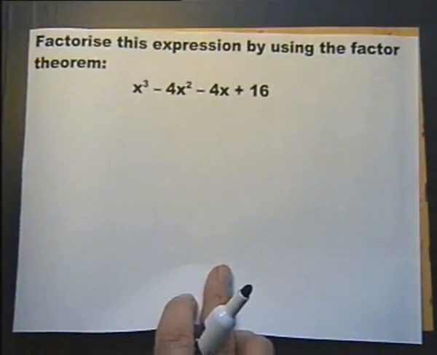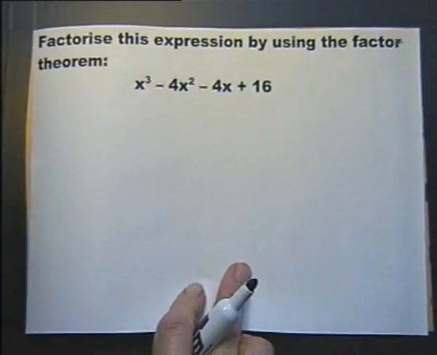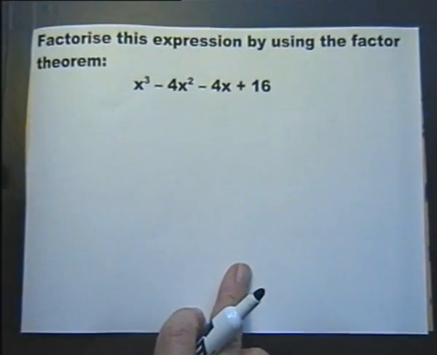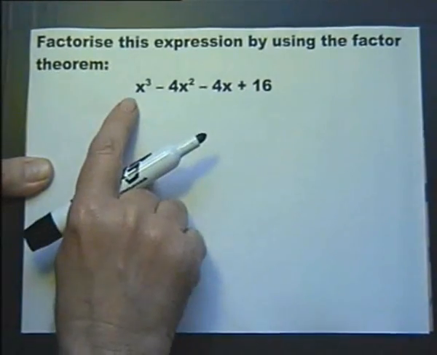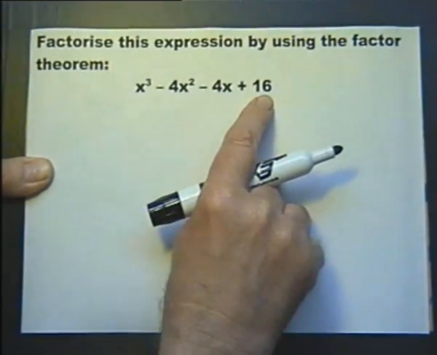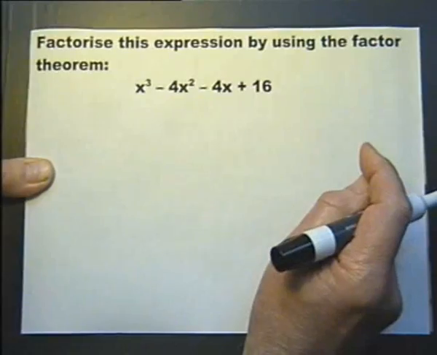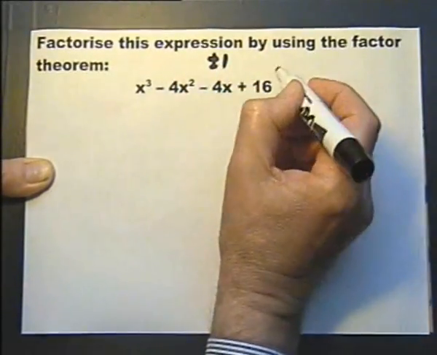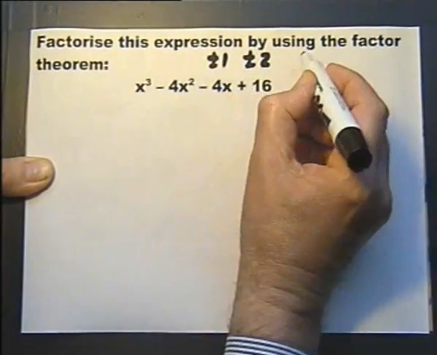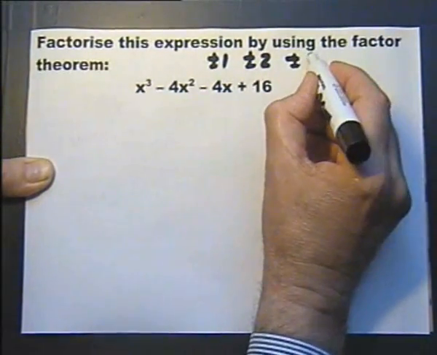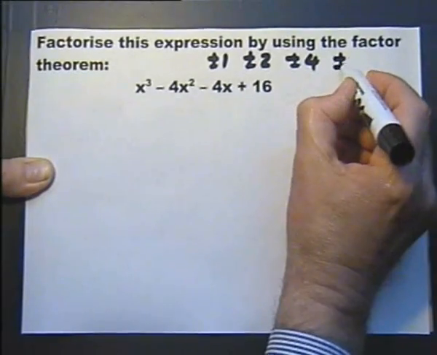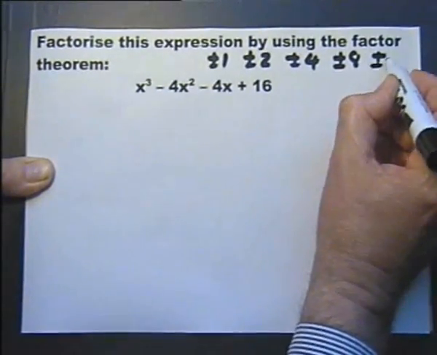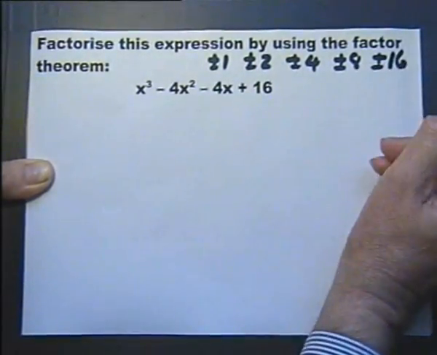Let's have a look at this. Factorise this expression by using the factor theorem. So looking at this cubic, constant term 16, let's write down the factors of 16. Plus or minus 1, plus or minus 2, plus or minus 4, plus or minus 8, plus or minus 16.